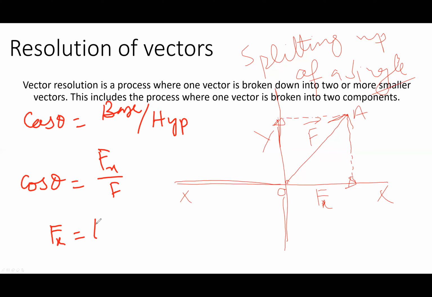Fx is equal to f cos theta. We have found the horizontal component. We also found the value of vertical component. Now we will find the resultant vector.